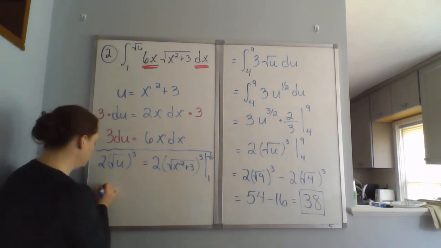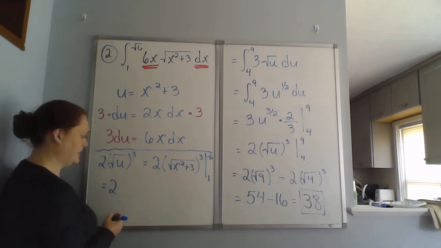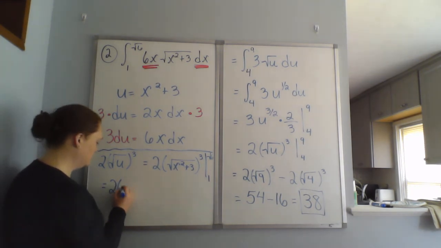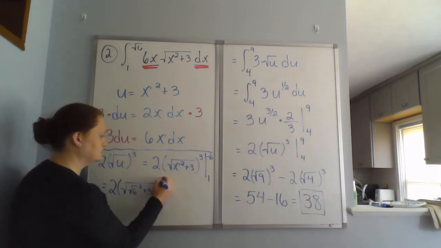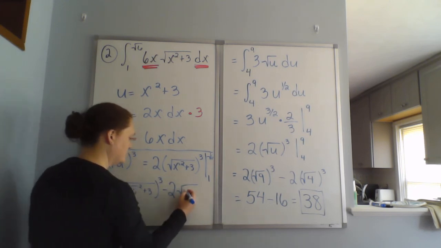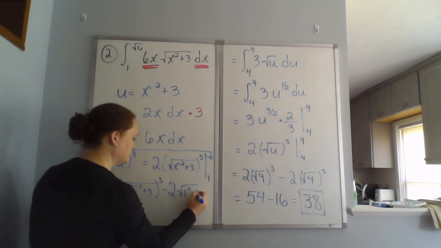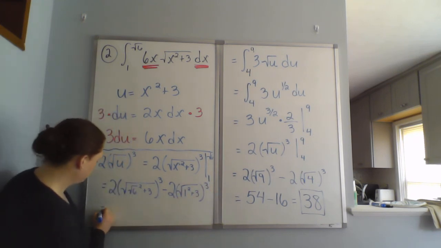Okay, so it's just the evaluating gets a little bit messier because you have to plug something more complicated in. So it's 2 square root of 6 squared plus 3 to the third power minus 2 square root of 1 squared plus 3 and cube that. Okay.